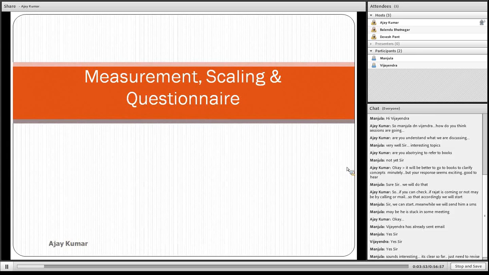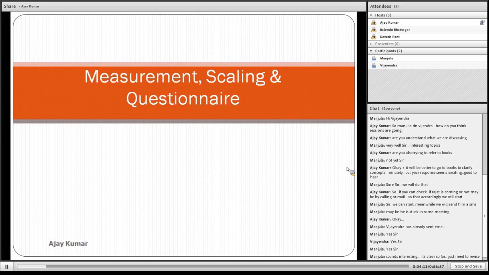There is the word measurement, and there is the word scale, and the word scale has multiple meanings in research. When we come to the questionnaire, we will also see that questionnaires are also called scales.